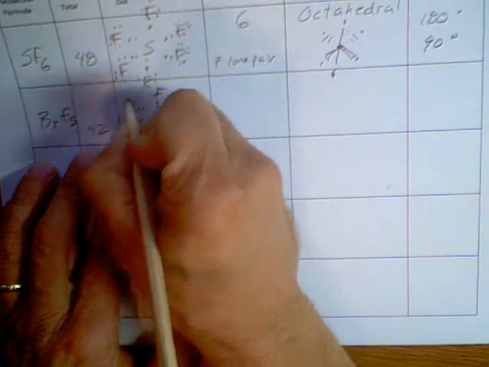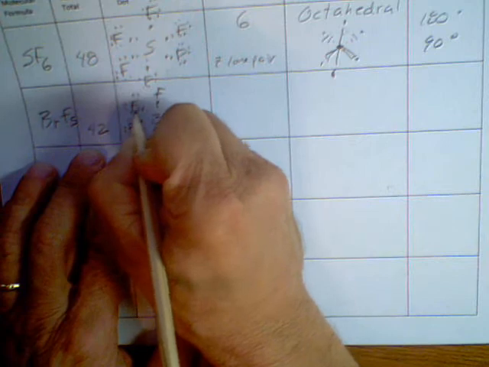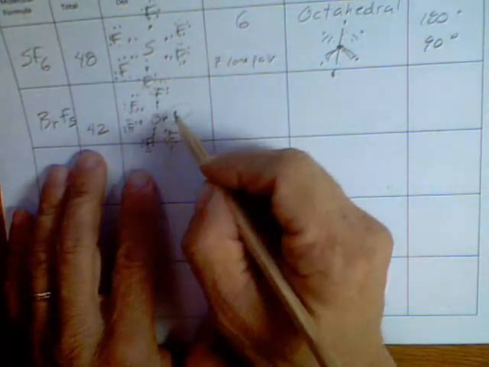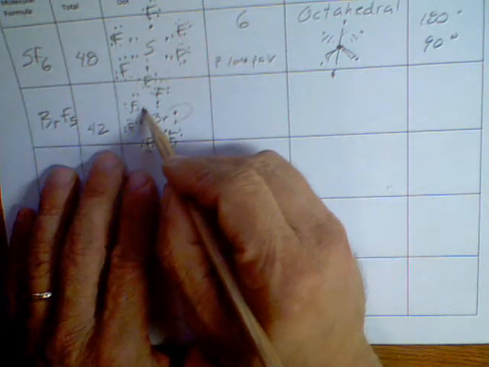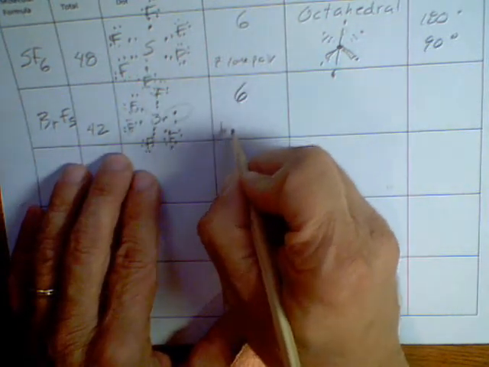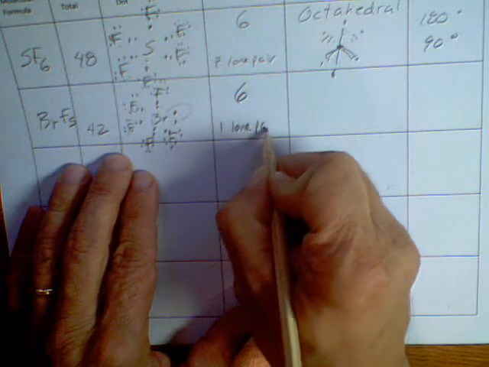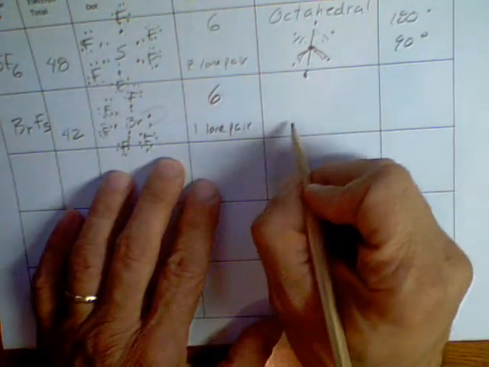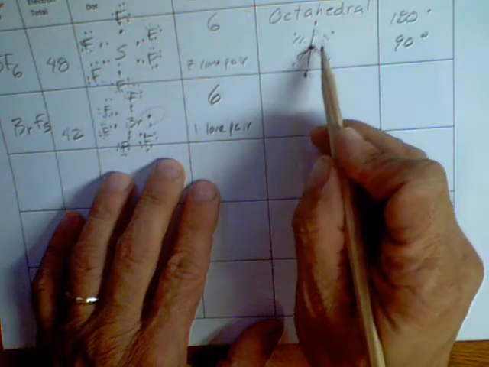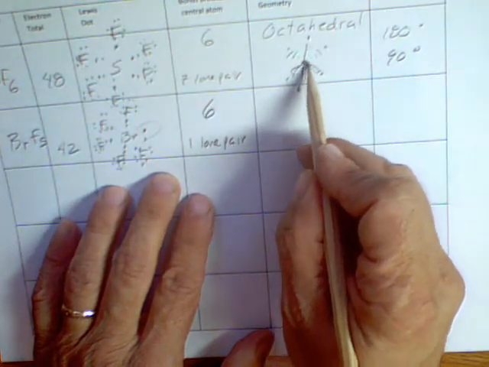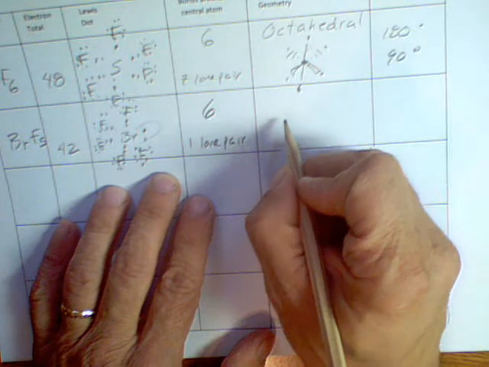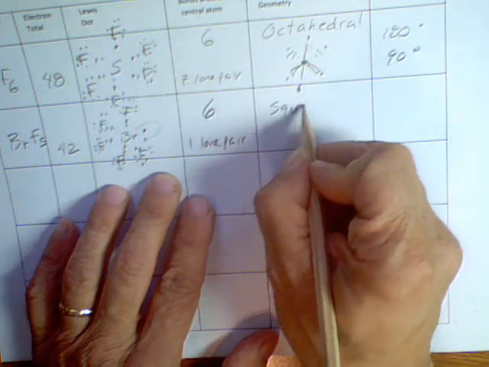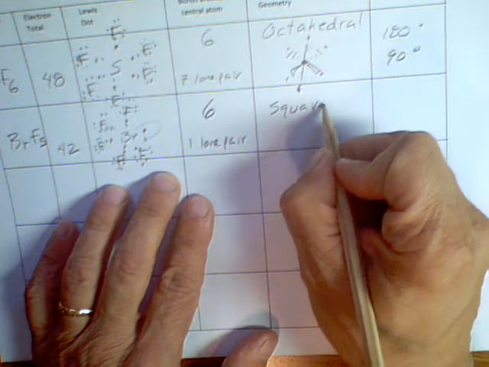So let me fill these octets, and now we have a total of 1, 2, 3, 4, 5, 6 bonds with one lone pair. And with this arrangement, it's basically the octahedral, but instead we have a lone pair down here. And so in that situation we have what's called a square pyramid.